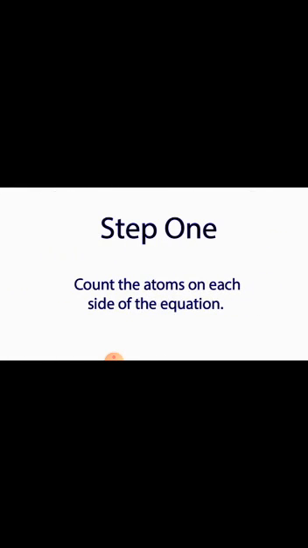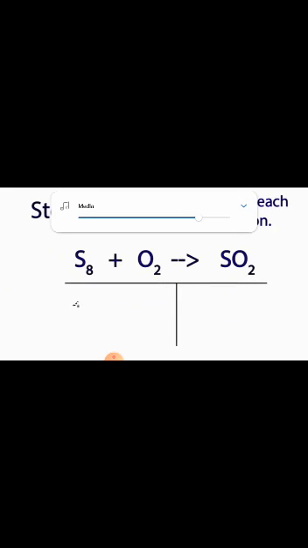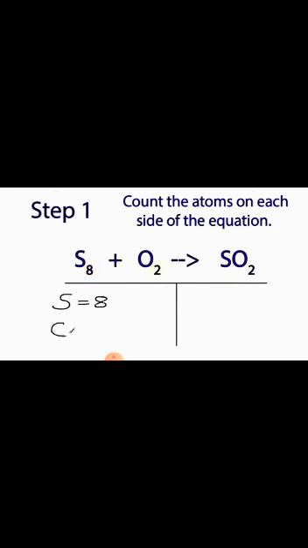Count the atoms on each side of the equation. Let's count each type of atom. Sulfur, I have 8. Oxygen, I have 2. On the product side, sulfur, I have 1, and oxygen, I have 2. Note that if there's nothing after an element, we assume that to be 1.